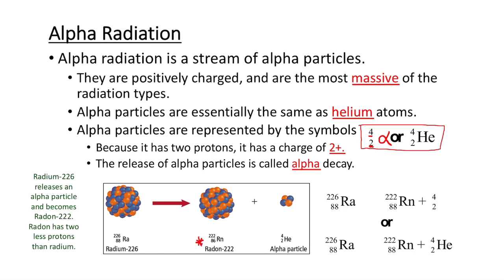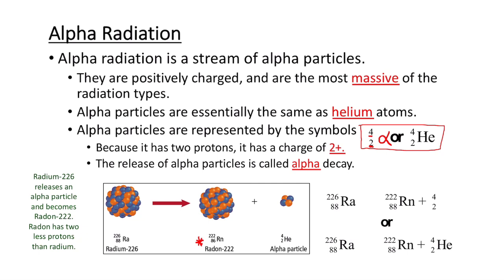It has a mass of 226, an atomic number of 88. It undergoes alpha decay, and 1 atom of radium becomes an atom of radon, which has a mass of 222 and an atomic number of 86. And then an alpha particle is released. Radon-88 does not exist. The atomic number 86 is for radon.